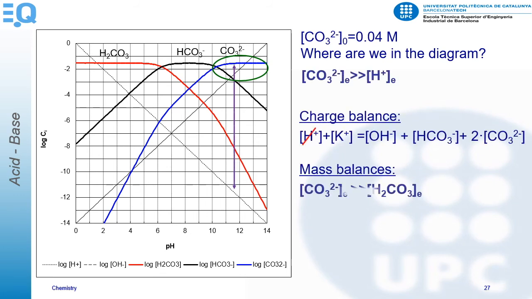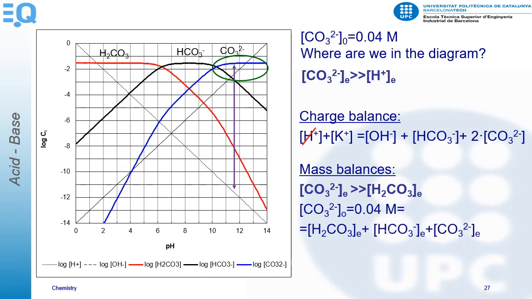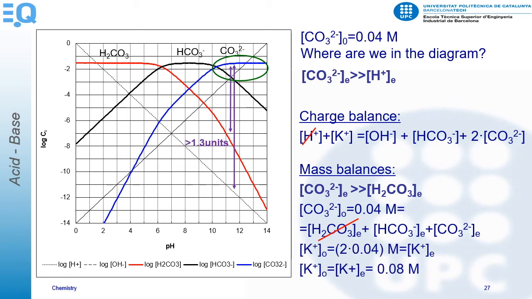While in the mass balances, we can see that the carbonate concentration is greater than the carbonic acid. We get an equation that gives us more information than before, when hydrogen carbonate would have equaled hydrogen carbonate. The carbonic acid can be disregarded because it's bigger than 1.3 logarithmic units.